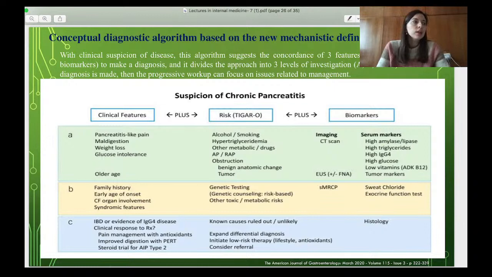Once a diagnosis is made, then the progressive workup can focus on issues related to managing.